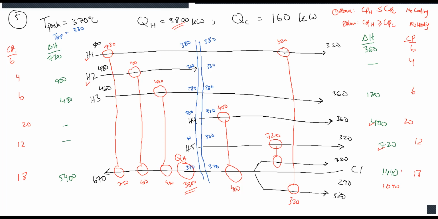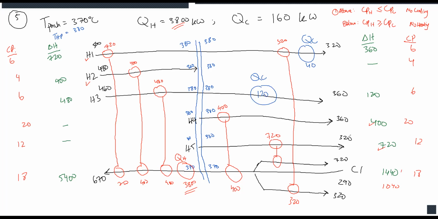Let's make up the balance. So for H1, I took 320 and I have 360, so I'm going to add a cooling utility of 40. H4, H5 are done. There's no H2, so H3. I didn't do any connections for H3, so I'm going to add a cooler to just completely cool H3.